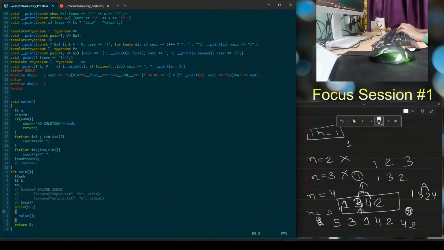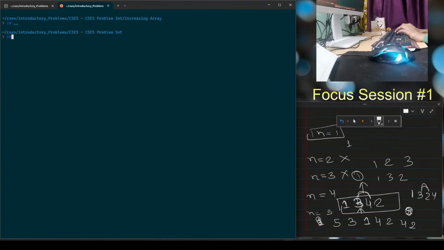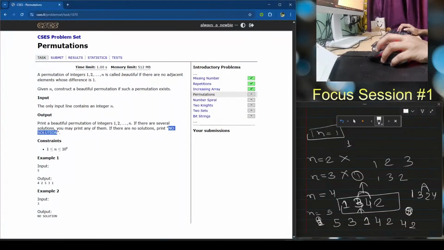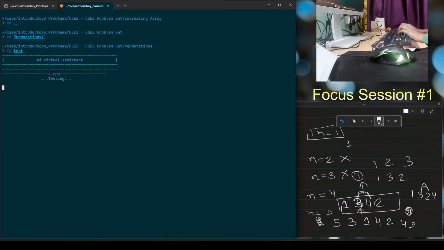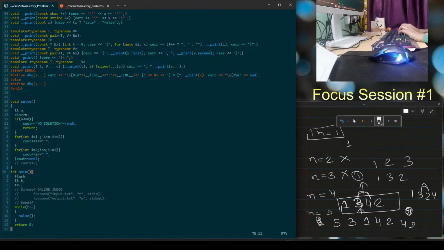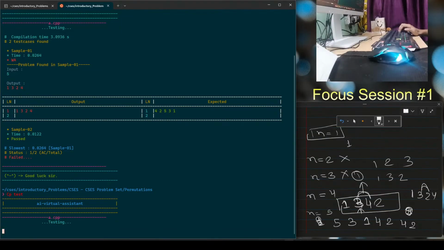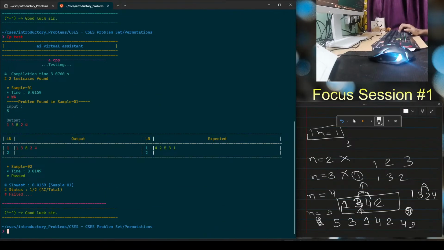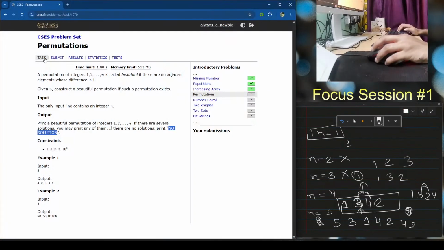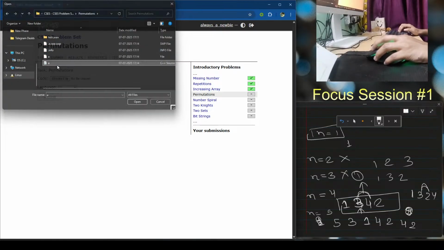Let me just see the output for 5: 1 3 5 2 4. Yeah, this looks fine. Let's just submit this. I hope I'm not missing any case.